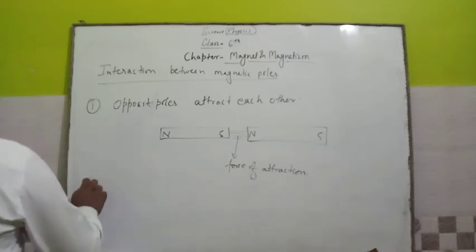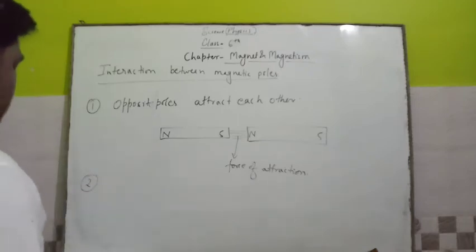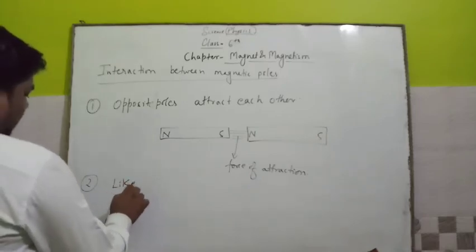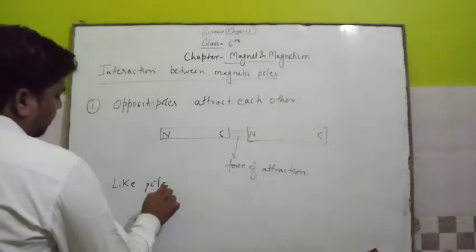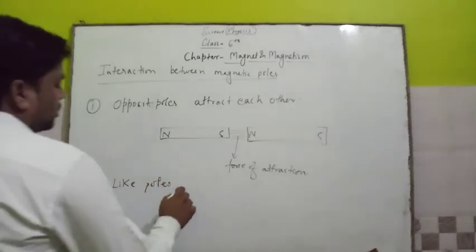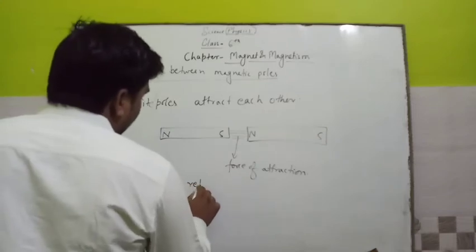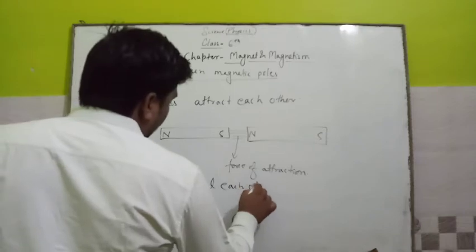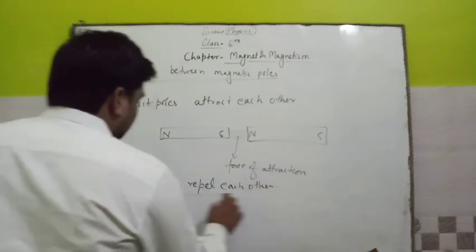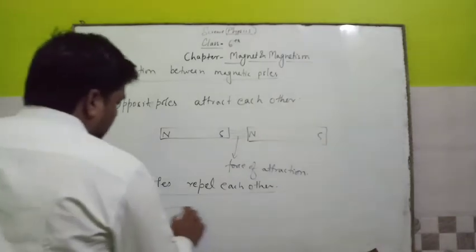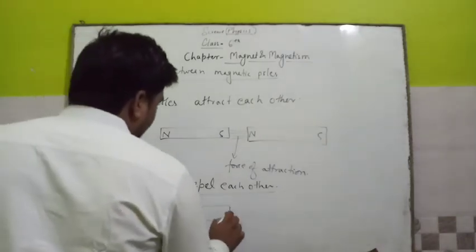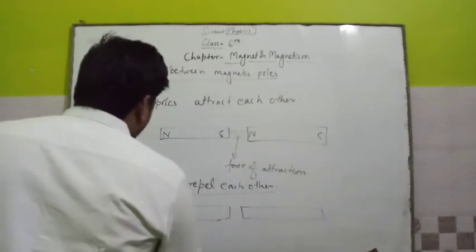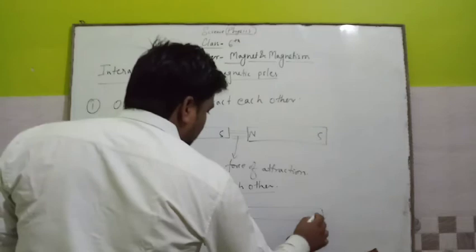Now second is what? Like poles or similar poles repel each other. How? See. Suppose this is a magnet and this is another magnet, this is north, this is south, and this is south, this is north.